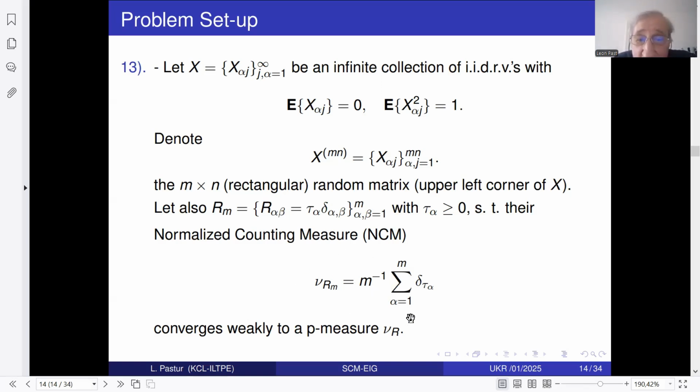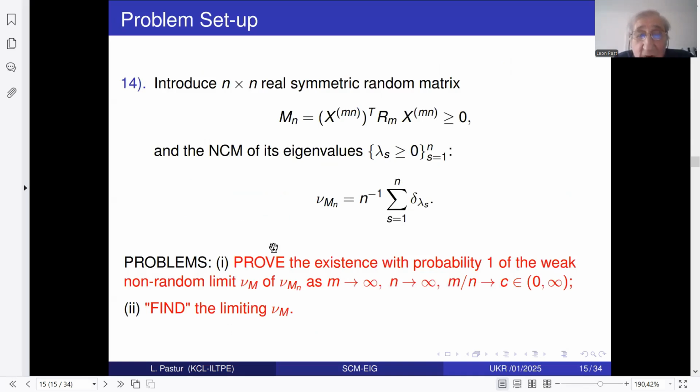We will assume that this is in fact a sequence of matrices, for any m, and that this normalized counting measure converges weakly to a certain limit, which I will denote nu R. And now here is the matrix that I am going to study. It is the n by n matrix M, positive definite, defined in this way: I take this rectangular matrix, its transpose, then R, and then the matrix itself. It's easy to check that it is non-negative.